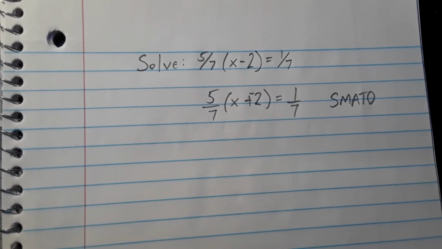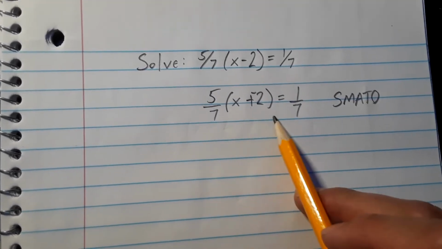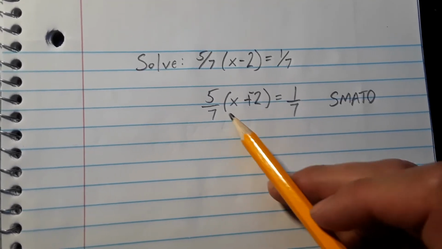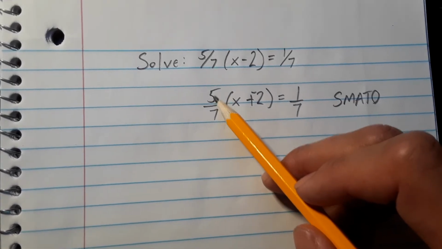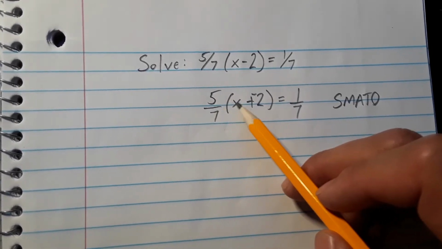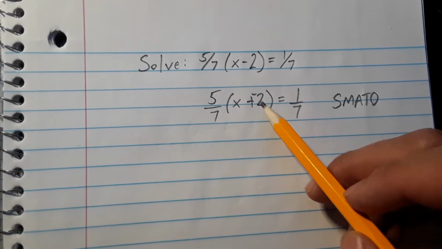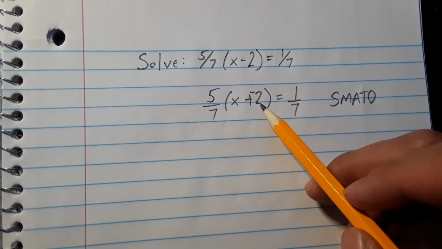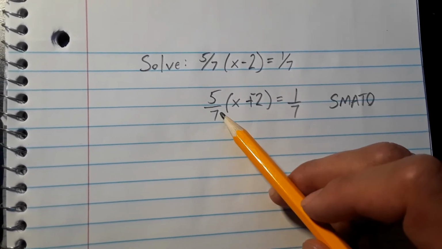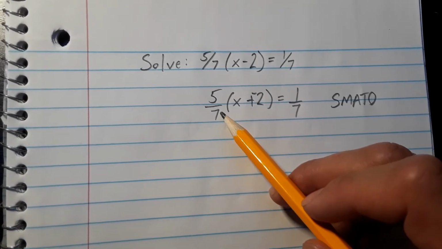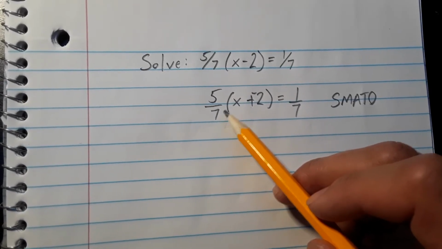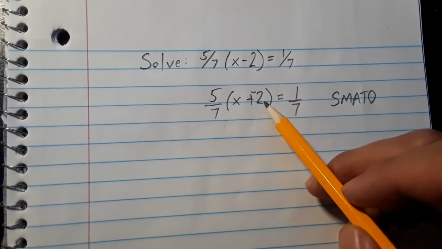Now, what we need to do to simplify the left-hand side here, we got to distribute this 5/7 to each of the terms in parentheses. Because we've got a fraction that we're distributing, it's also going to help us to do CIF, to change these into fractions.